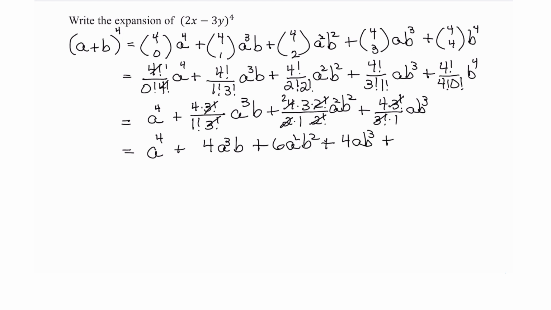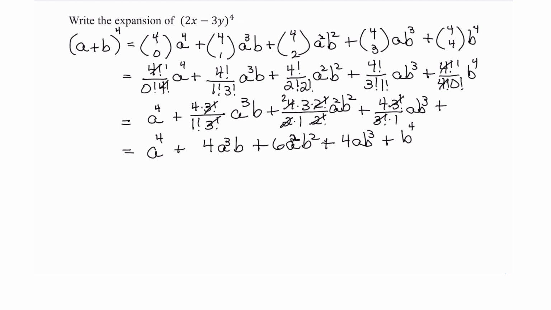And then in the last term, 4 factorial over 4 factorial, remove as a common factor pair, leaving 1 in the numerator, and 0 factorial again is 1. 1 divided by 1 is 1, so I have 1 b to the fourth. And we also saw how we could get this off of Pascal's triangle, but I wanted to also review looking at how to simplify using the combinations idea.